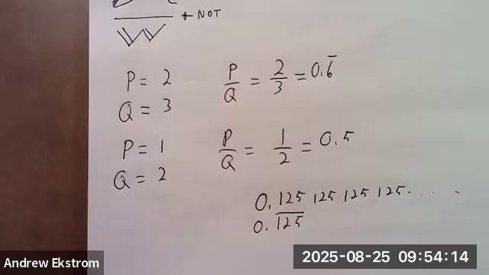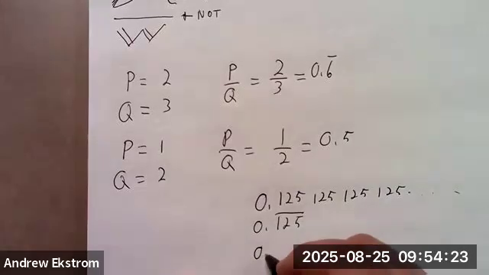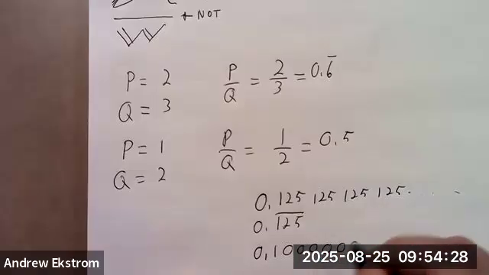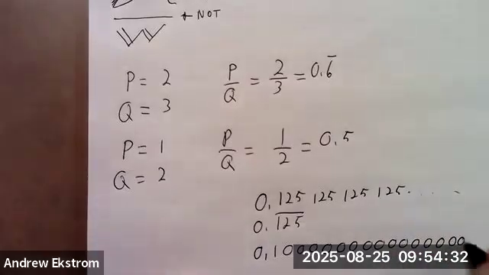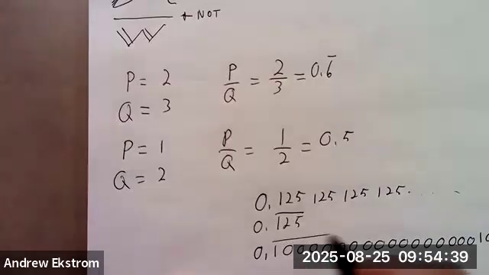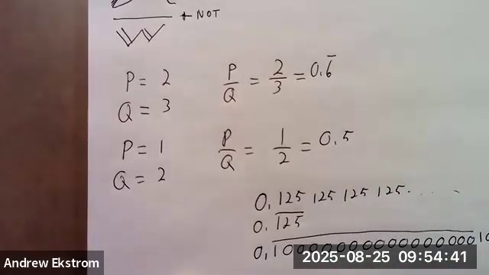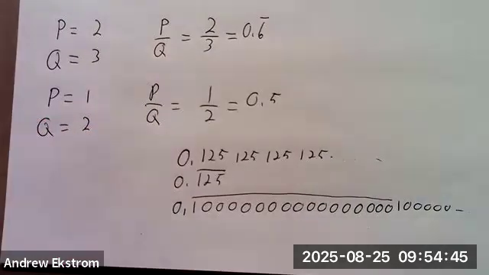And a couple of the numbers that you can actually run into might repeat, but you might have something like say 0.1, and this whole thing here repeats over and over and over again.